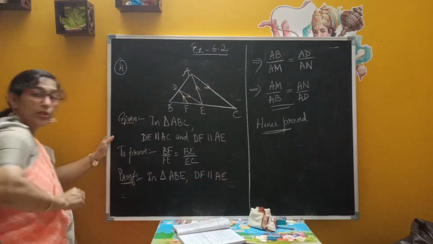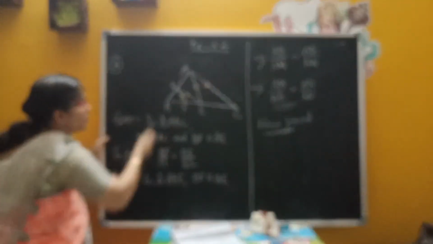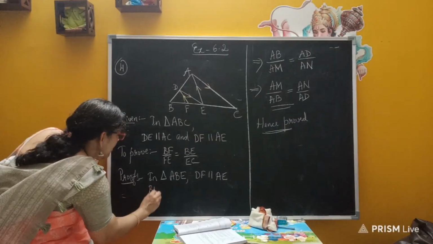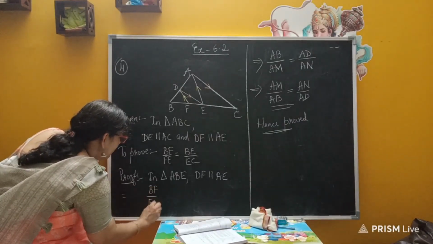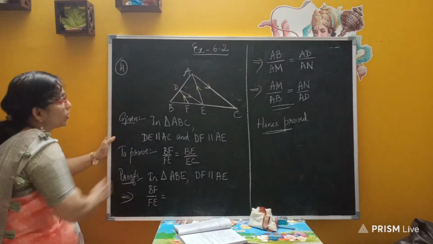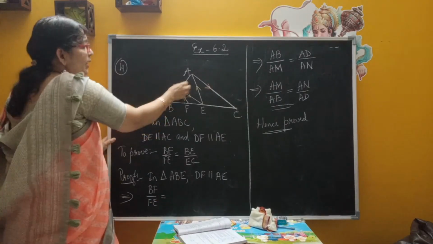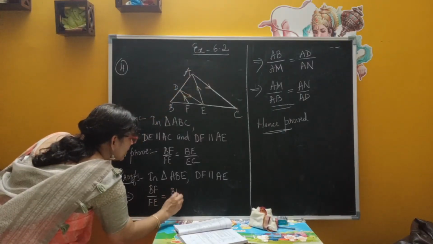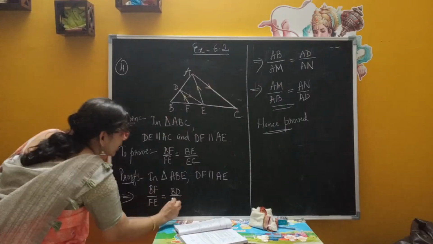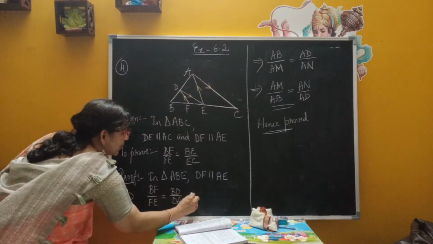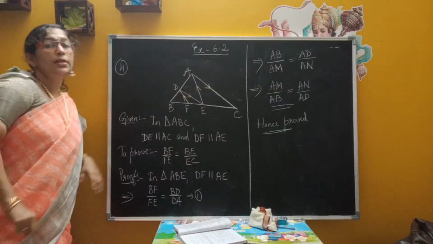So how do you write the ratios of these sides? It is BF by FE, BF by FE is equal to, which is the other side? BD and AD or DA. BD by DA. This is one side. Let us consider this as equation 1.